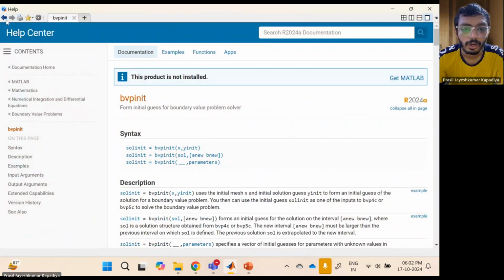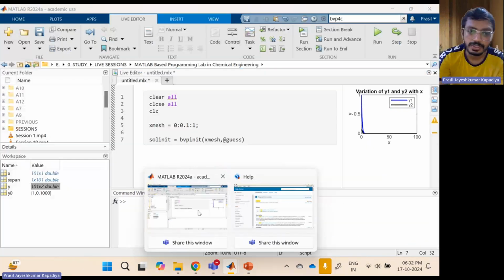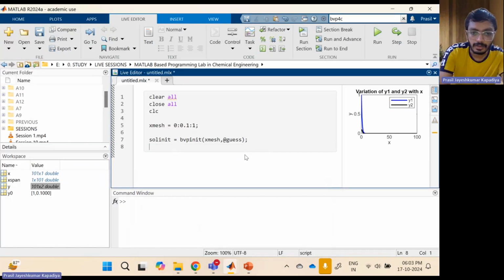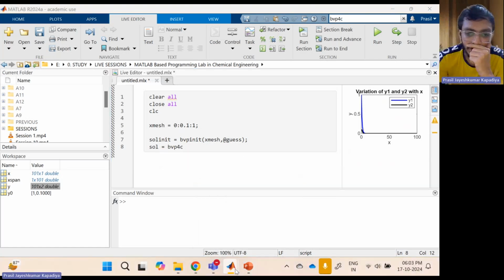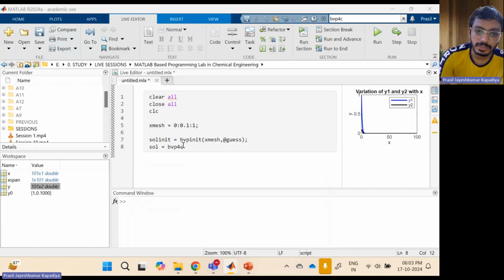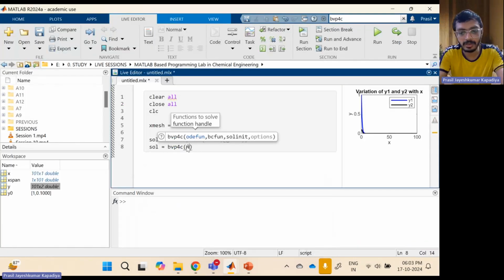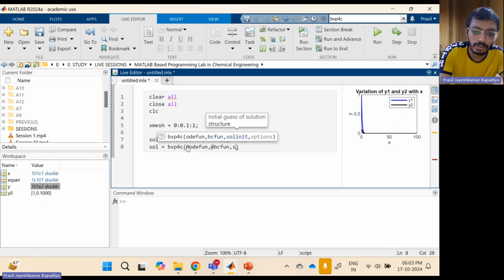Now to solve the equation, my solution is equal to BVP4C. Then what is it asking? ODE function, so I will write @ODE function. Then the boundary condition function, so @BC function. Then I need sol init.